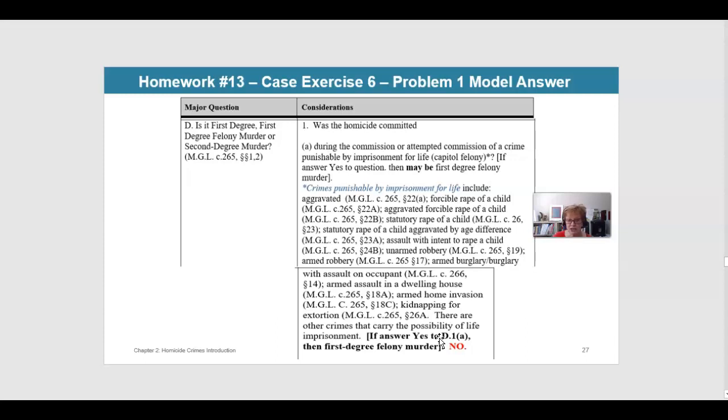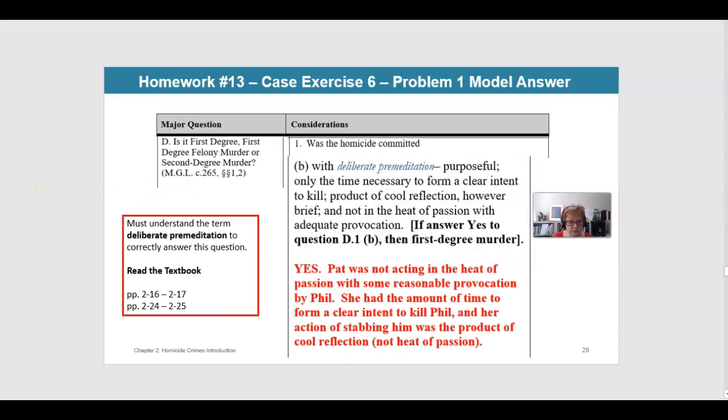Pat just decides she's going to kill him and takes a knife and stabs him. So the question is, was this homicide during the commission or attempted commission of a crime punishable by life? The answer is no. So we move on to part B of this question.